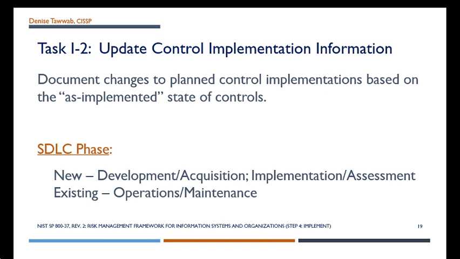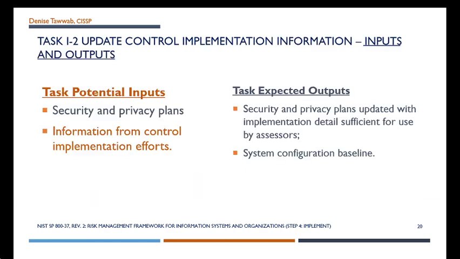And what I mean by that is you can plan a plan, but when you go to implement the controls, something about the system, something about the environment, something about the network, something about a system component might dictate that you implement that control in a way that is different from what was documented in the initial system security or privacy plan. So in task I2, you update the control implementation information to reflect the as-implemented state of the controls.